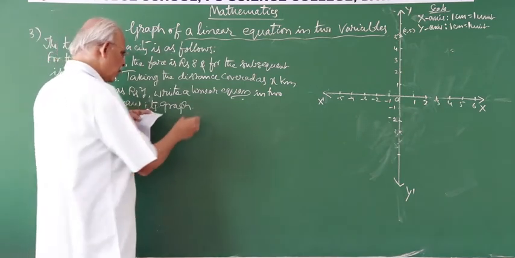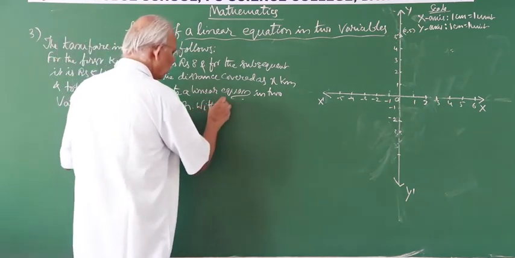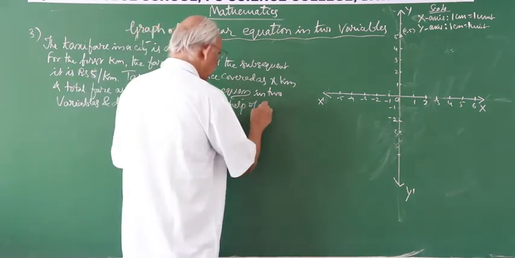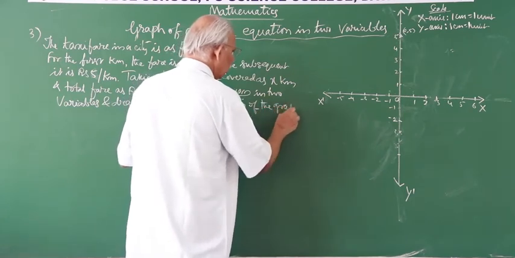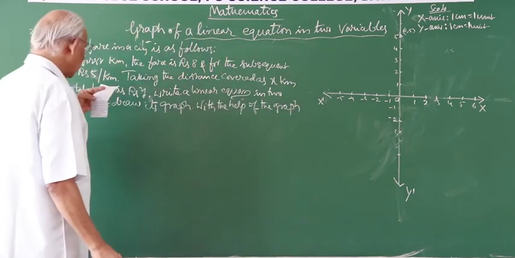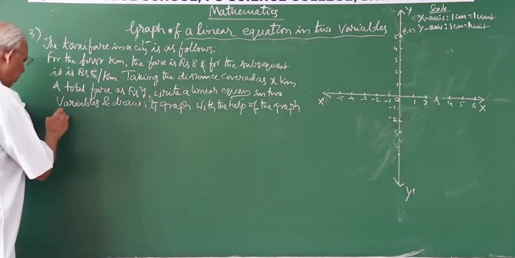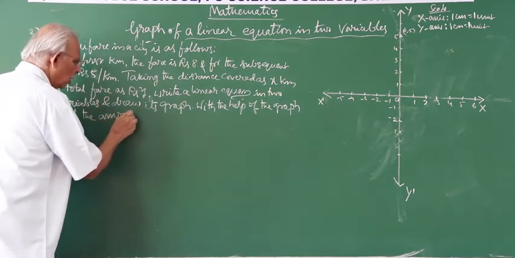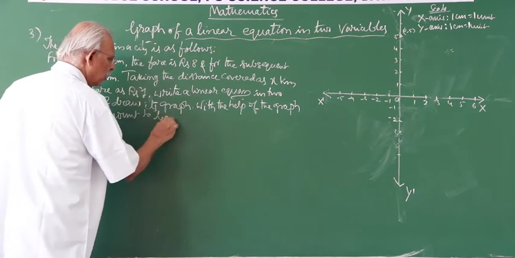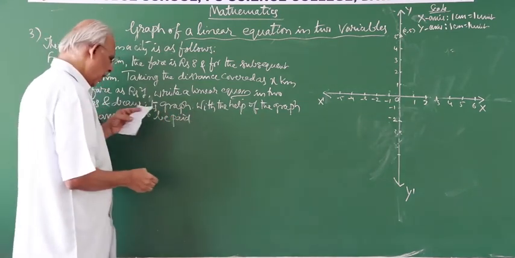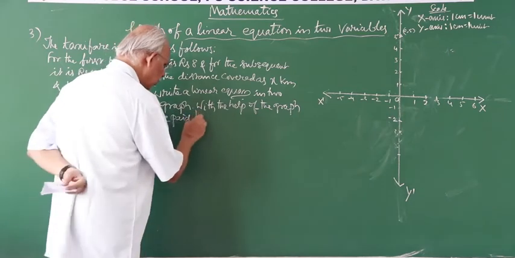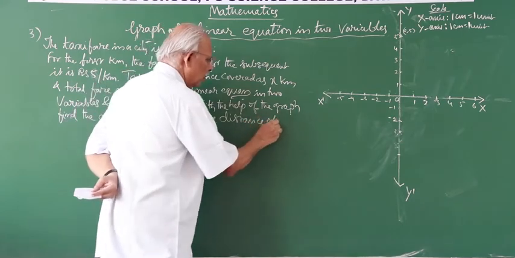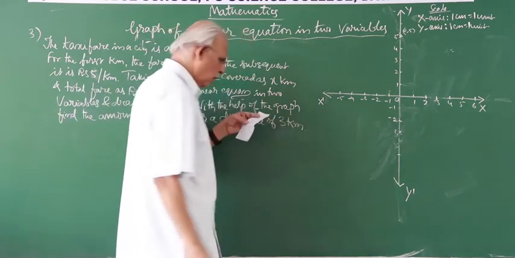With the help of the graph, find the amount to be paid for a journey, for a distance of 3 kilometers.